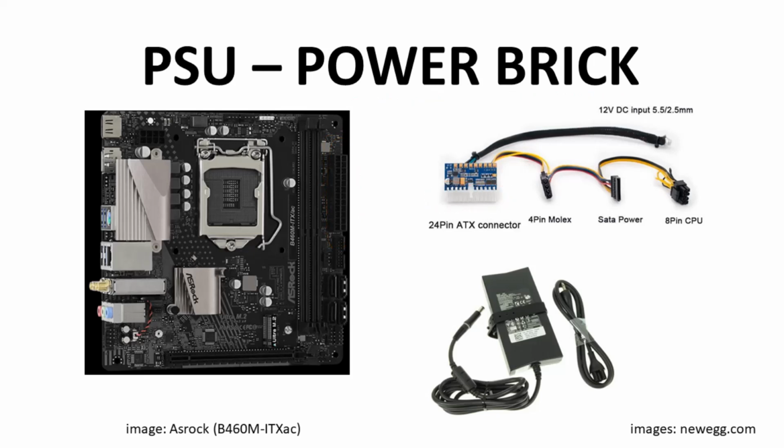The Pico power supply then runs a line to the back of the case to pick up DC power. The DC power at the back of the case comes from a power brick, which converts the AC from the wall to DC. So the Pico power supply takes the DC from the power brick, often 12 or 19 volts.